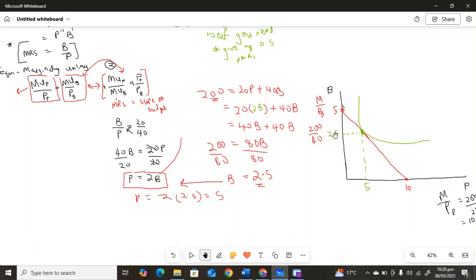Because if you round off this to 3, and when you substitute both of these values back into the budget constraint equation, it means you'll go over budget. Okay, because when B is 2.5 and P is 5, it means you've used the whole 200 kwacha.